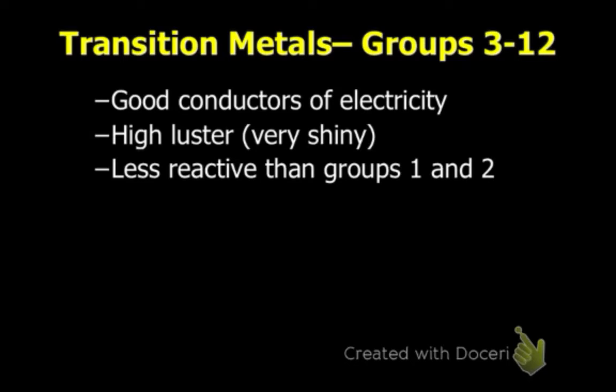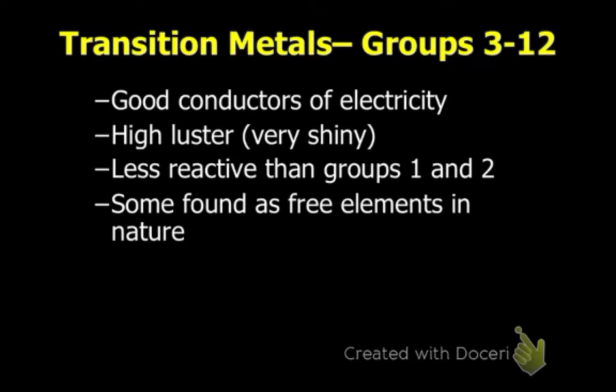If you think about the jewelry metals, gold, silver, platinum, copper, titanium, those are things that you often find in their pure form. You can get pure gold or silver or platinum. We can carry it around in our pockets, we can wear it, and we don't have to worry about it reacting like we would with things from group 1 and group 2. So some of these are found as free elements in nature.